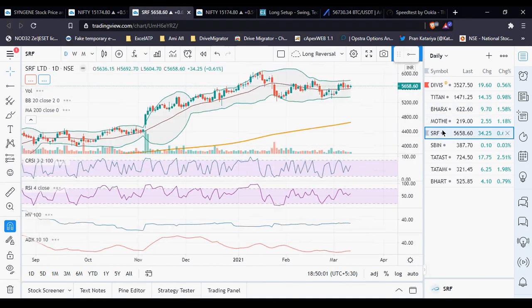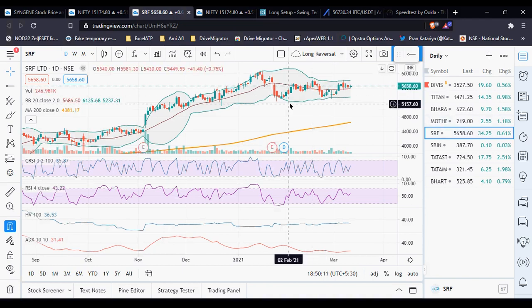Let's go ahead with SRF. We got the signal on 27th of January, and it has all the conditions matching on the daily time frame.